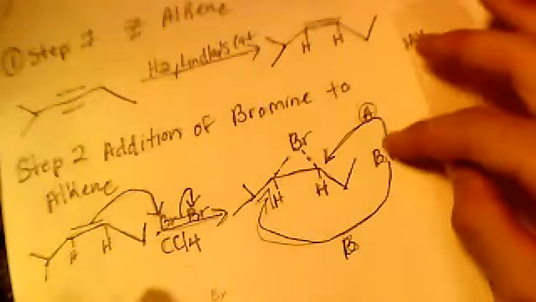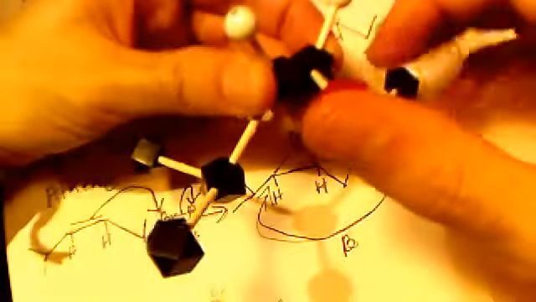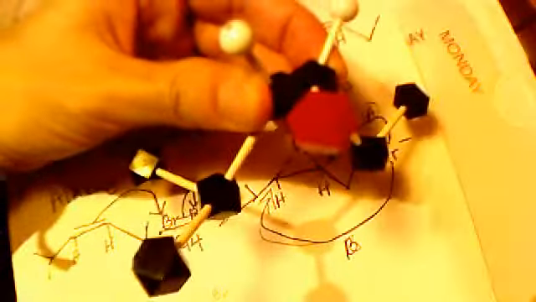So if A is going to attack this carbon, so let's say it comes and it attacks this carbon. This is the bromine that's attacking. The other bromine is going to go to the other carbon over here and go to the back. It's anti-addition, and then the bond that forms will be like this.